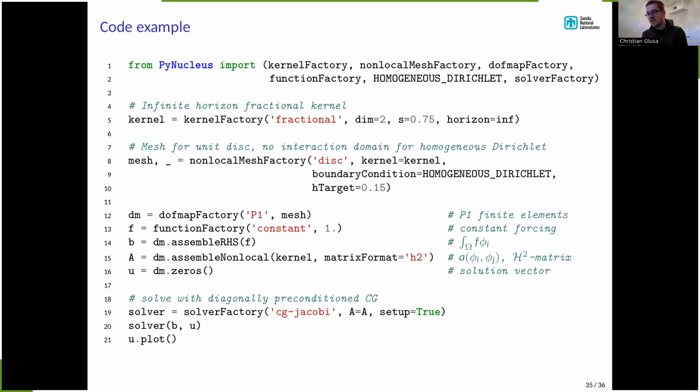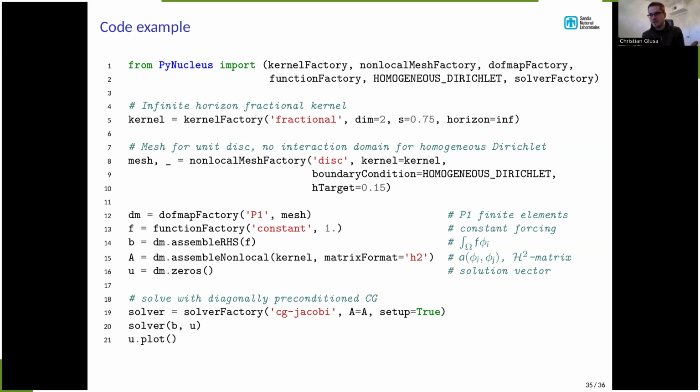So here's an example of how to solve a non-local problem, or non-local Laplacian, in 20 lines of code. I am trying to make it somewhat simple. Obviously, this example does not use any MPI parallelism, so it can actually be quite quick. We're getting a kernel function, we're getting a mesh on which we want to solve our problem.